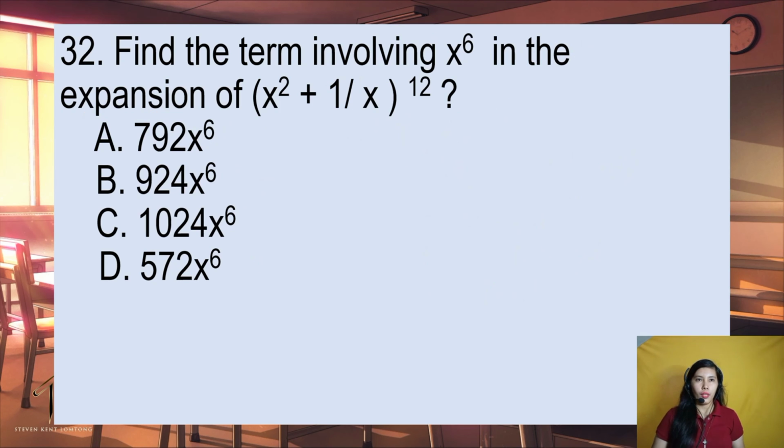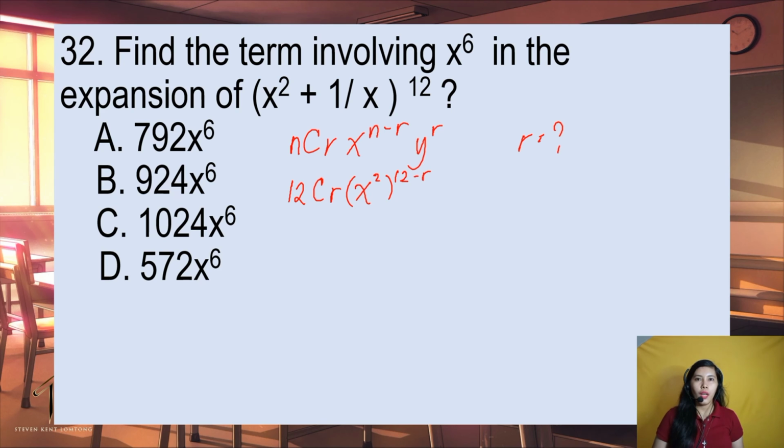Now let's find the term involving x raised to 6 in the expansion of x squared plus 1 over x, raised to 12. Since we're looking for the term involving x raised to 6, we're going to use the first formula, nCr x raised to n minus r, y raised to r, and we're looking for r. So n is 12, then our x is the first term, which is x squared, raised to 12 minus r.